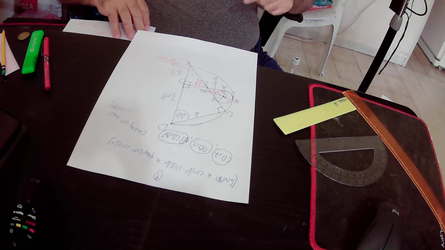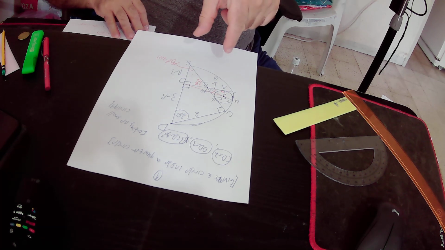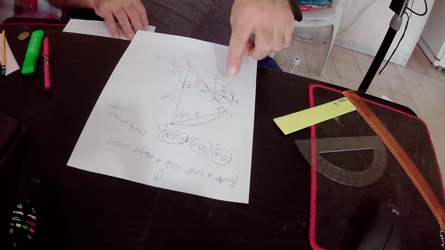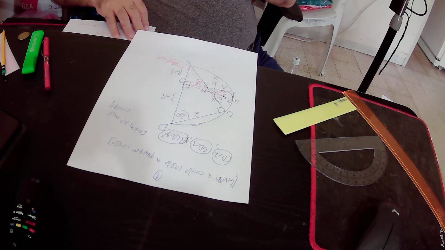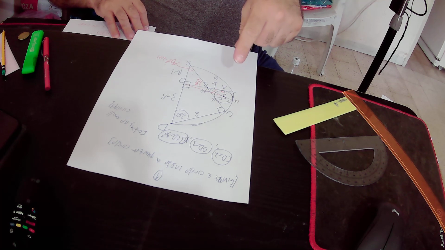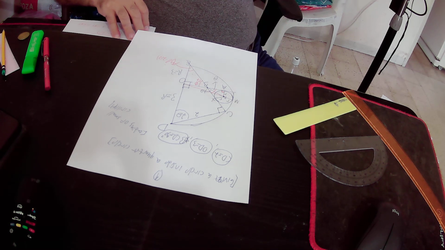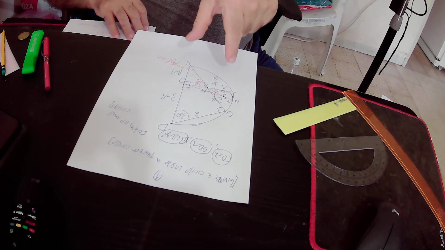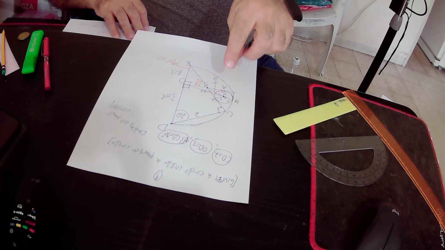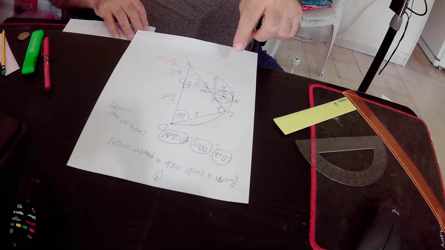Then we know that AO is tangent to the small circle at point A. And at point A we have AP, the radius of the small circle, and we know that a tangent to a circle and the radius are always perpendicular to each other.